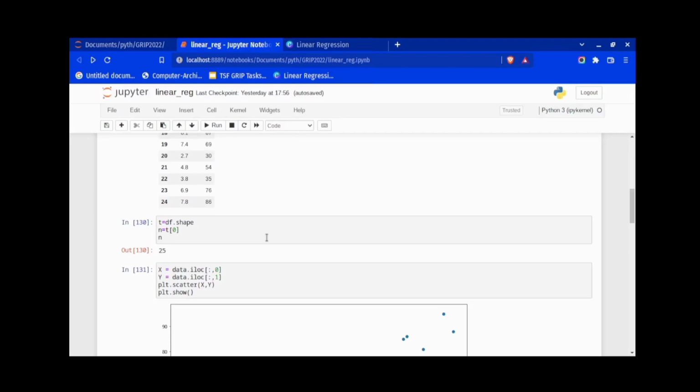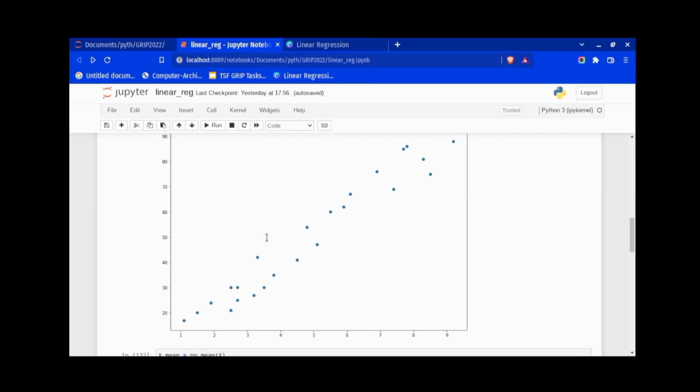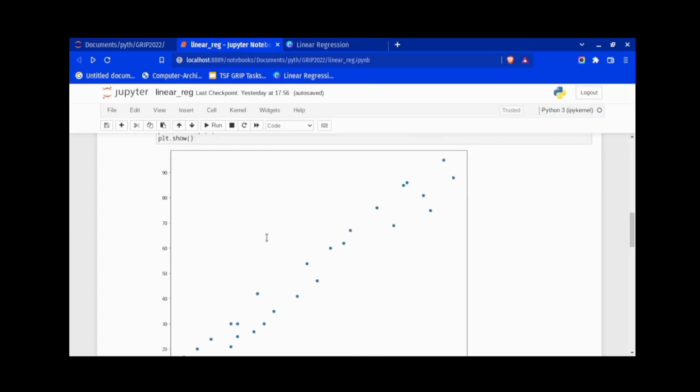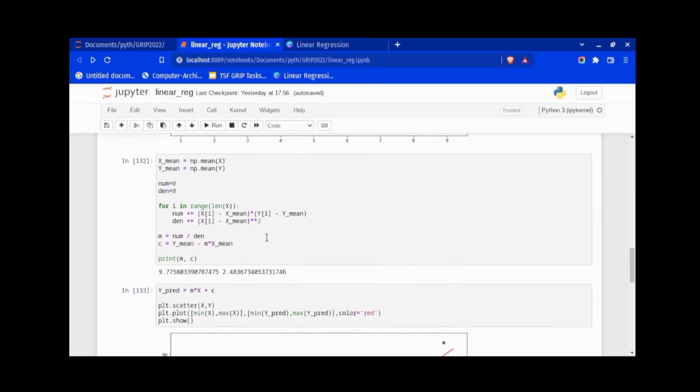Then we separate the columns as x and y, where x is equal to time and y is equal to scores, and then we plot a scatter plot using a Matplotlib function.